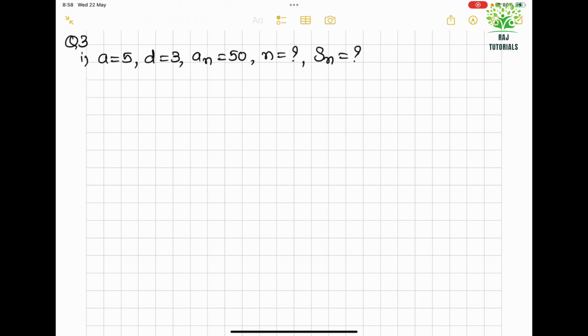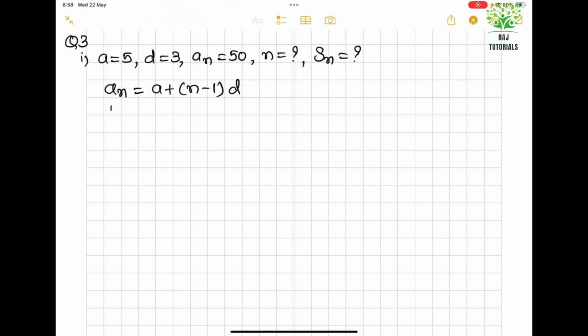Now question 3 says, given a equal to 5, d equal to 3, an equal to 50, find n and Sn. So to do that, again first I need to find n. So an equal to a plus (n minus 1)d.